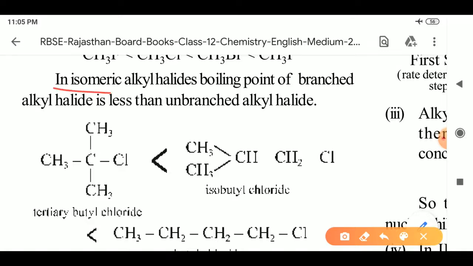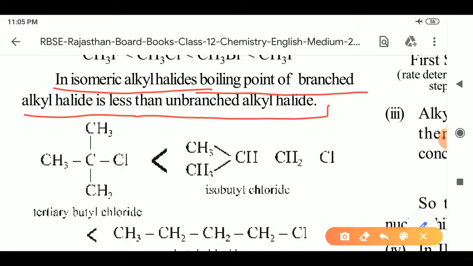Thus, in isomeric alkyl halides, the boiling point of a branched alkyl halide is less than the unbranched alkyl halide. These are all isomers: tertiary butyl chloride, isobutyl chloride and n-butyl chloride, in which the molecular mass is equal.